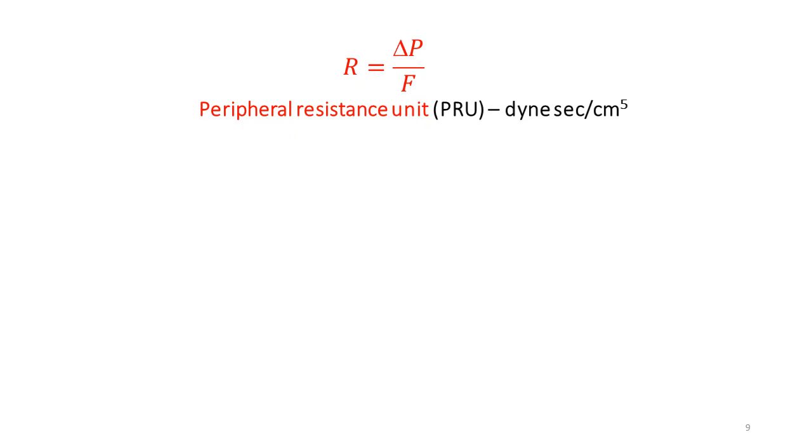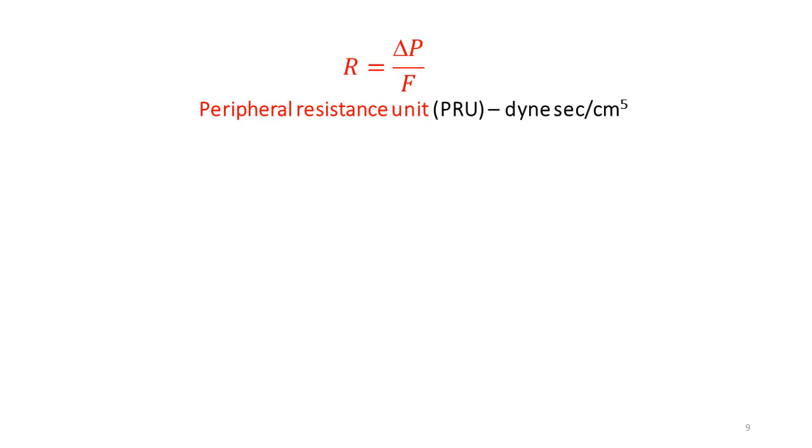Let me give another example. If the pressure difference between the systemic arteries and systemic veins is 100 millimeters of mercury and the average blood flow is 100 milliliters per second, the peripheral resistance, named total peripheral resistance, is the same 1 PRU. Okay, so you can find the partial peripheral resistance for each part.